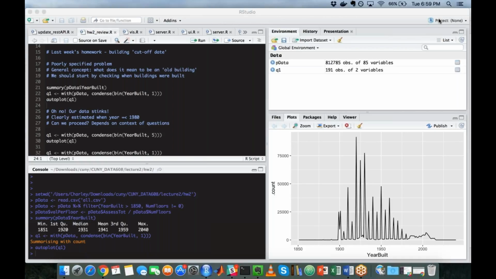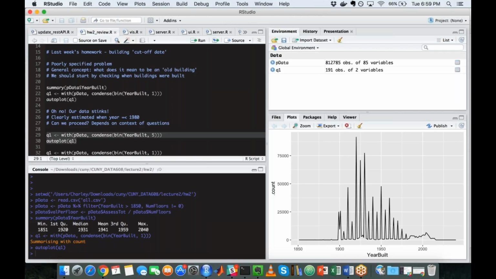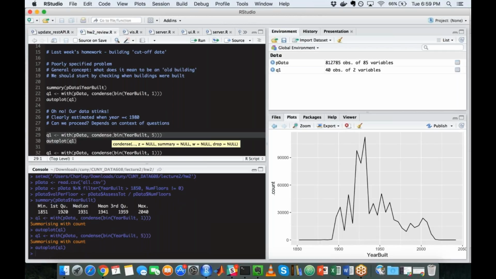But since we are dealing with such a large data set and we're working with BigViz, one of the easiest things to do is to just use a different binning for the years. So instead of binning by every 1 year, you could bin by every 5 years, and that'll give you more accurate data about what your counts are. So here, by simply changing how we're binning it, looking at 5 years, you get more of an idea of when buildings were built.